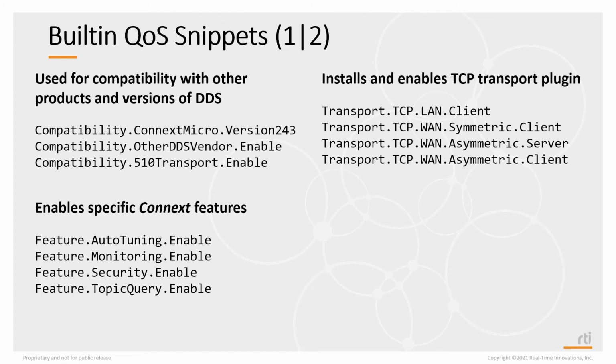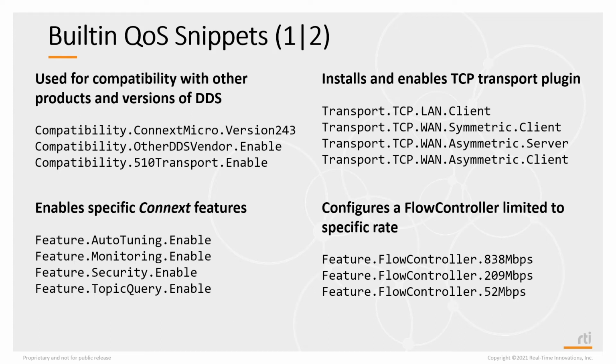If you want to install a TCP transport plugin, unfortunately, it can be quite complicated. There's multiple properties that you have to set in order to install and enable a TCP transport plugin. With these snippets, this should really make that process, that composition, that definition, much easier.